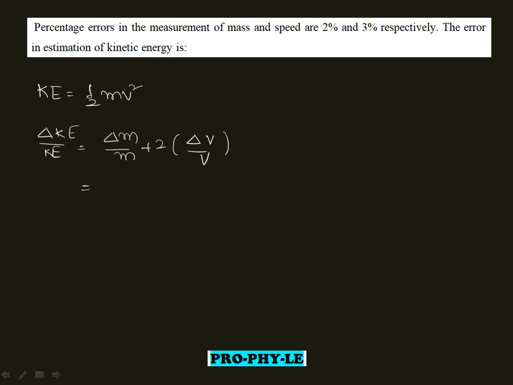Delta m by m is given as 2%, plus 2 into delta v by v, which is 3%, so this will be 2% plus 6%, equal to 8%. So that is the error in estimation of kinetic energy.